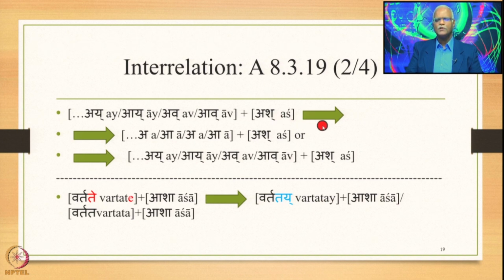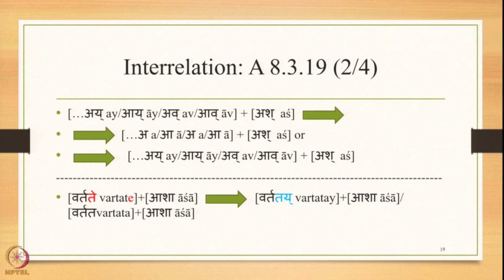Then the output generated is twofold. Once you have ya deleted and va deleted, so a plus ash, or as it is, aya, ava plus ash. This would be the resultant form, optional deletion.